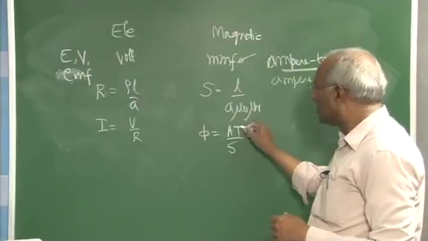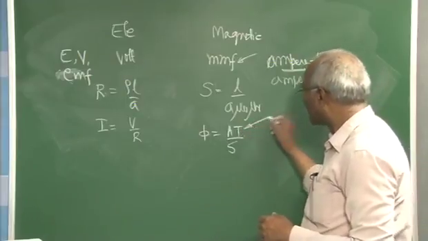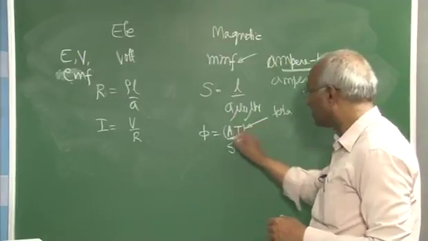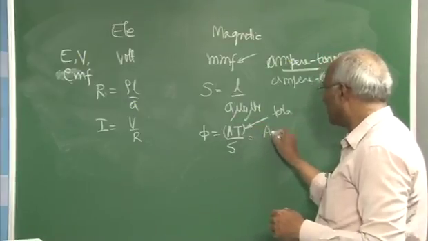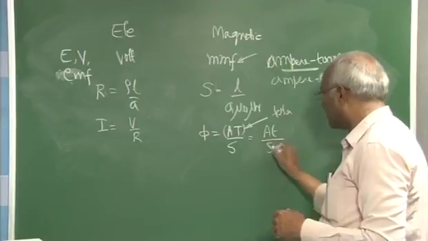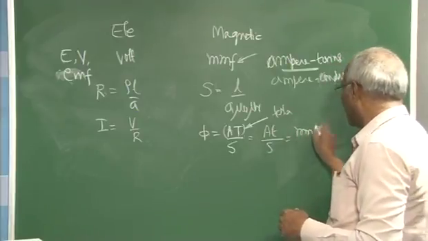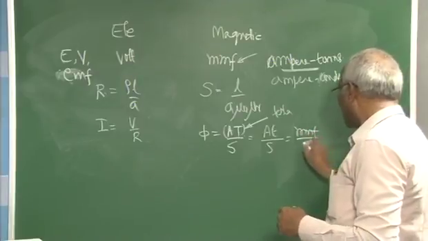Though this T stands for Tesla, it is not Tesla when it is associated with this. It can be written as AT by S, or as MMF by the reluctance S.